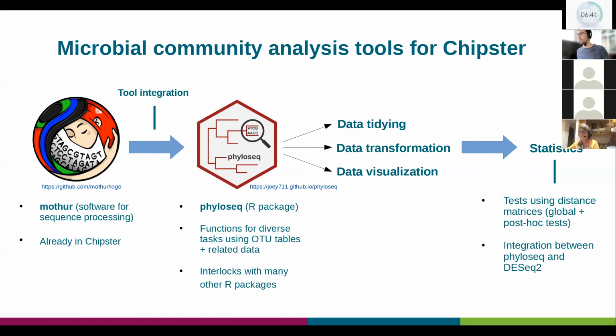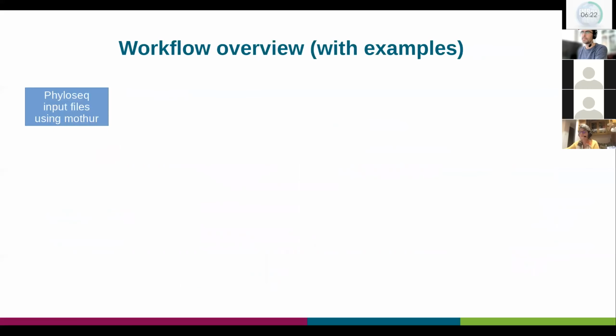So we have options for data tidying, transformation, visualization, and then also statistics, so things like global tests using distance matrices, and then also differential abundance comparisons using this DESeq2 tool that was originally developed for the RNA-seq community.